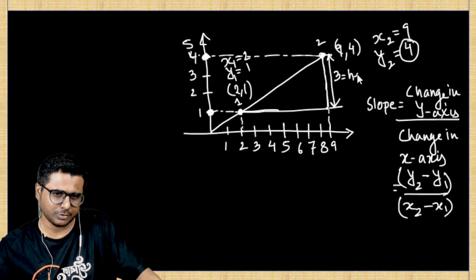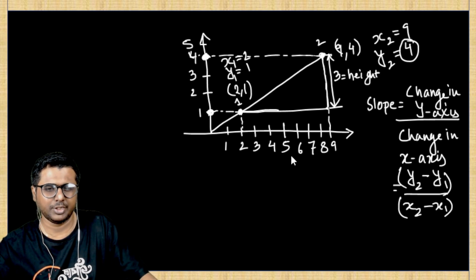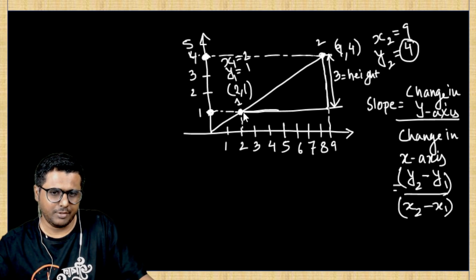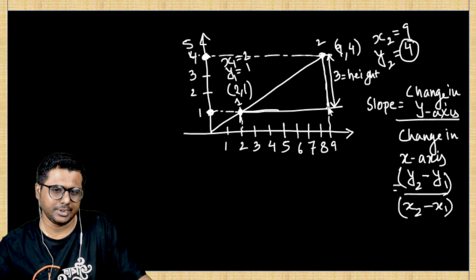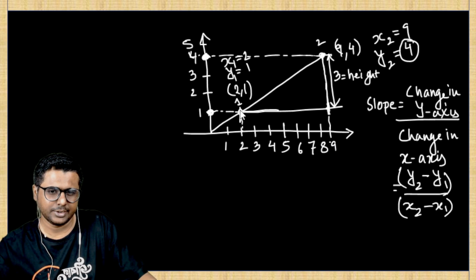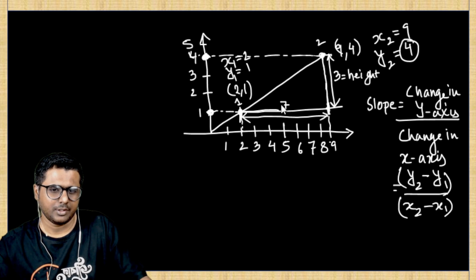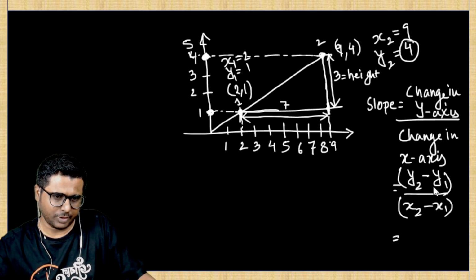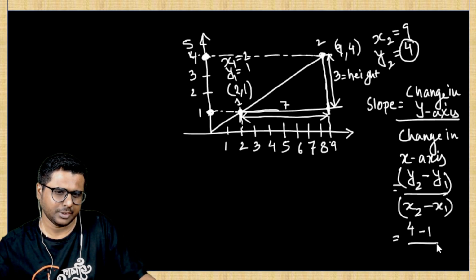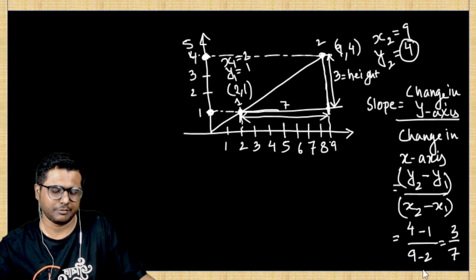So this we can also call the height of the triangle. If I talk about this point and this point, this point is x2 = 9, this point is x1 = 2, so the difference over here is 7. Okay, so here y2 minus y1 is 4 minus 1 and x2 minus x1 is 9 minus 2. The answer will be 3 by 7.